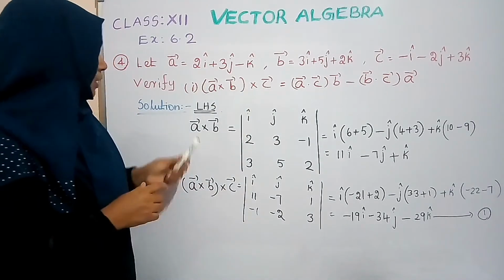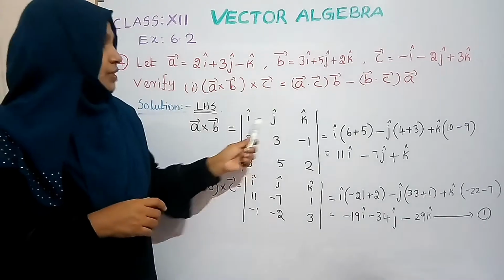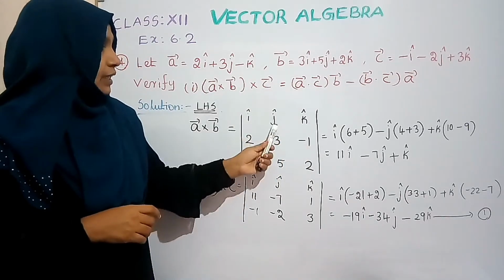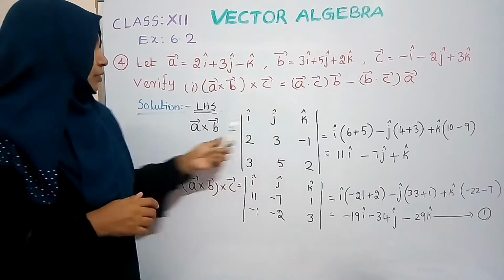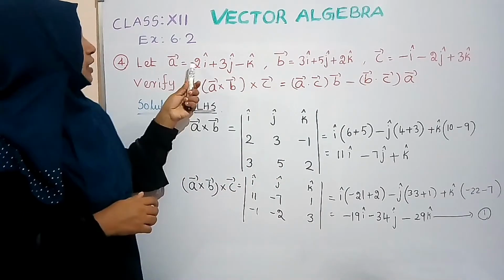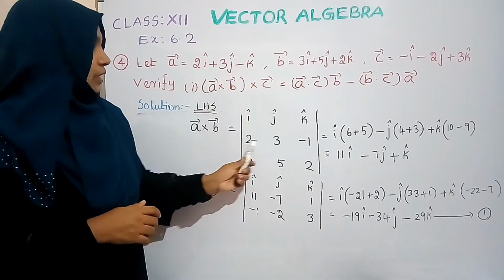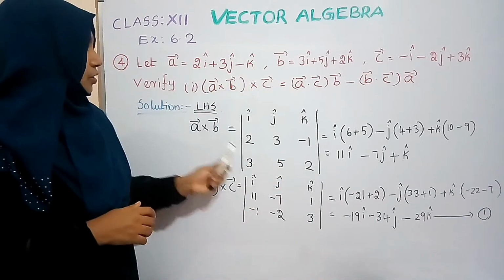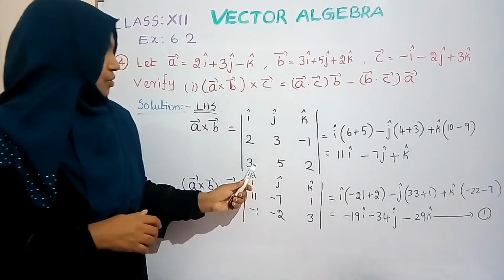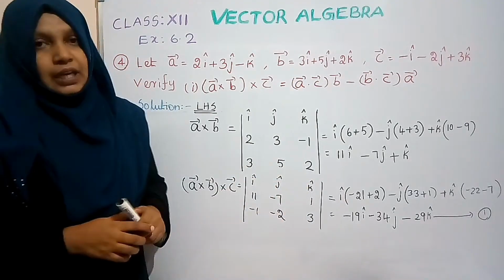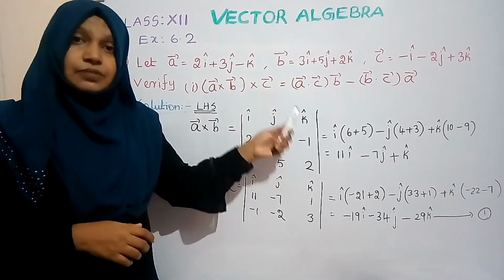So for A vector cross B vector, in the first row, as usual, I write i cap, j cap, k cap, which are the unit vectors. The second row is filled by the components of A vector, which is 2, 3, minus 1, and the third row the components of B vector, which is 3, 5, 2. Then expand along the first row.